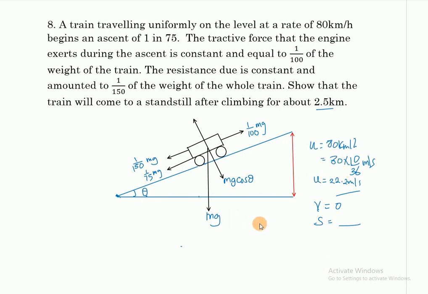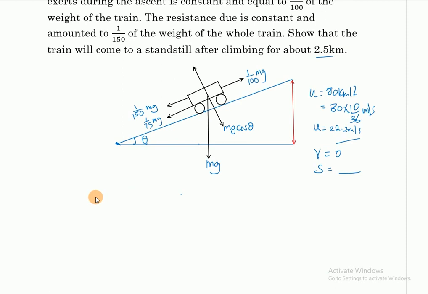Once we get the acceleration, we can get the value of s, and it should be 2.5. So what we are going to do, we are going to get the resultant force and equate it to ma. So the equation is the forward force, because the train is moving in that direction. To get whether acceleration or retardation, we take the forward force minus the forces which are acting in the opposite direction.